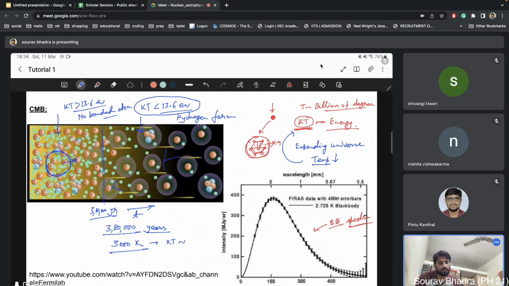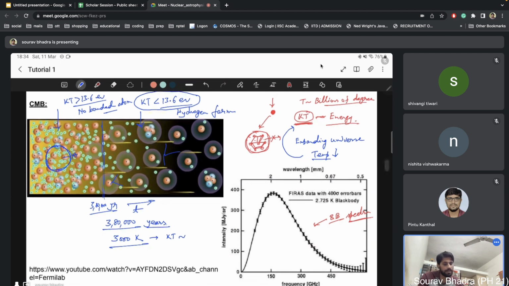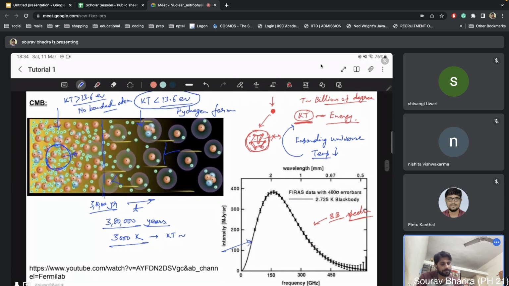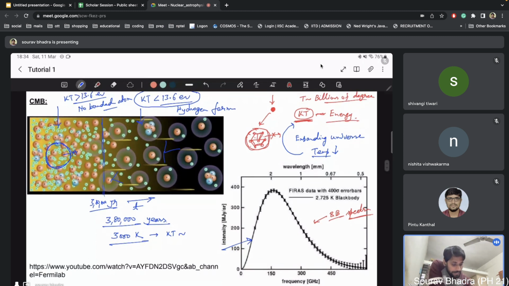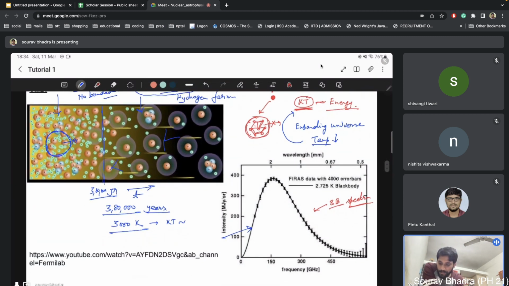So this is the cosmic microwave background, and it is coming from all regions of the universe. So it is homogeneous, and if you measure the intensity of this CMB, you will find this plot. This has been plotted as frequency versus intensity.